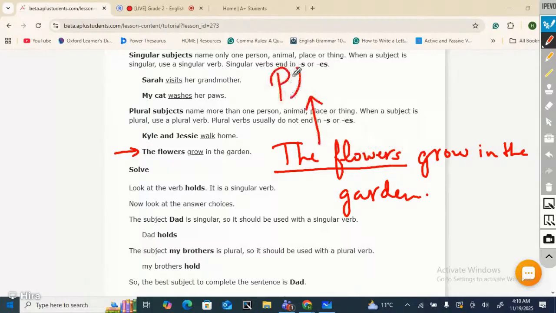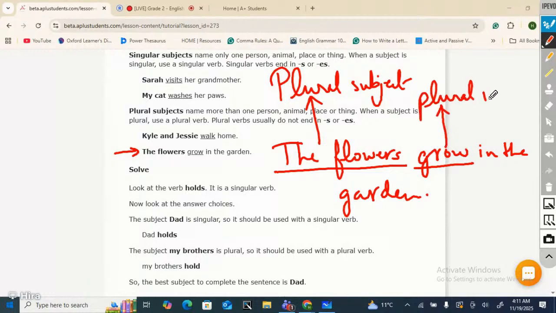So the subject is plural. So with a plural subject, we use a plural verb, and a plural verb does not end in s or es. It's a plural verb. Plural subject, plural verb. So they agree.